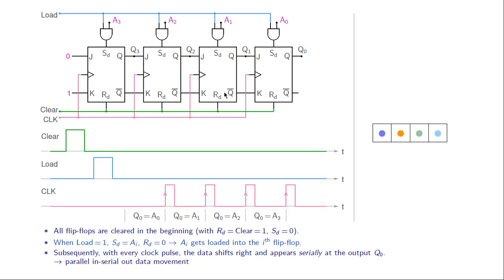Alright, so that happens in this phase, and now the clock pulse comes along, the first clock pulse. We're going to have a shift right operation. Because of that, a 0 appears in the first flip-flop because we have J equal to 0 here, and whatever was here gets shifted to the next flip-flop and so on. With one more clock pulse, we have one more shift right and so on.